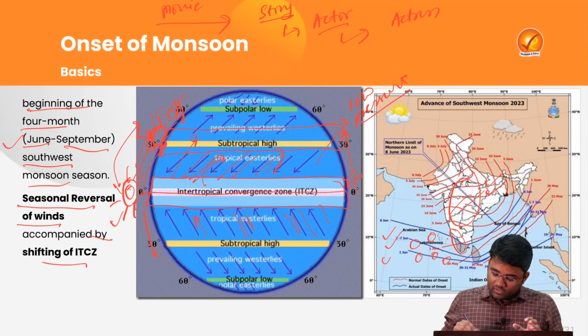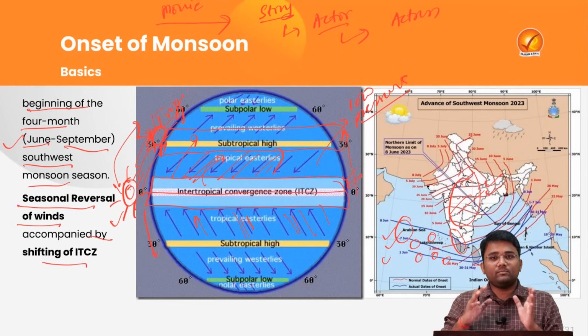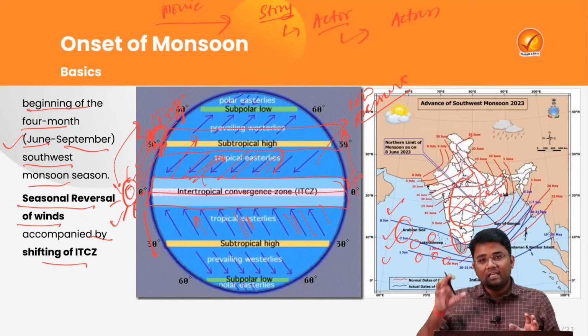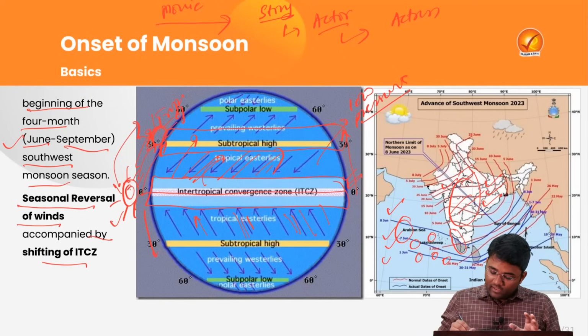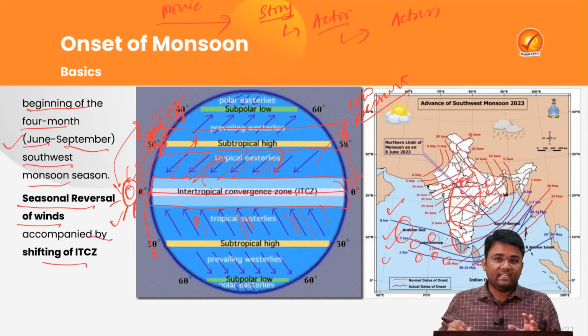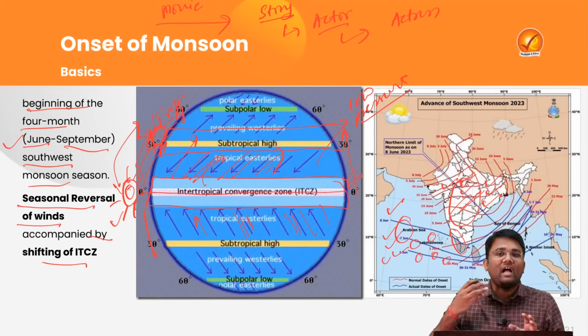So now there is differential heating. There is a difference between the heat components of the water areas and the heat components of the land areas. So when there is greater heating in the land, there will be low pressure, whereas the water is taking a little longer time in heating, and that is why there will be high pressure.